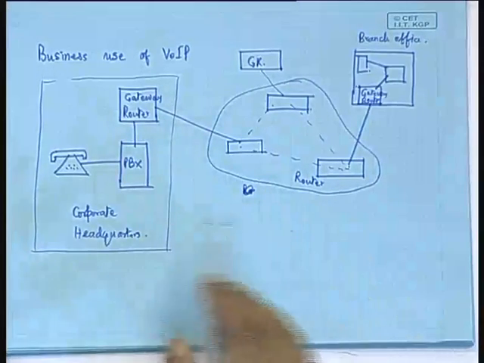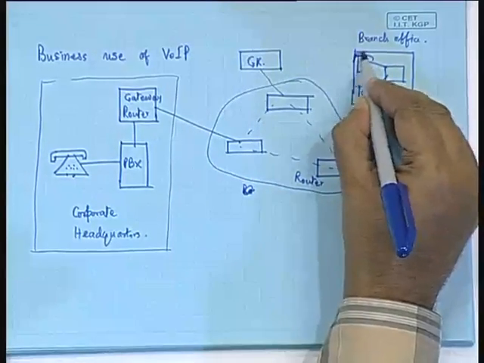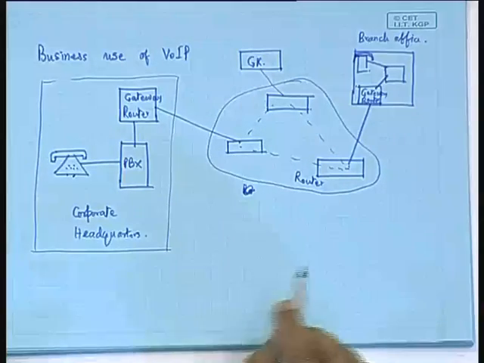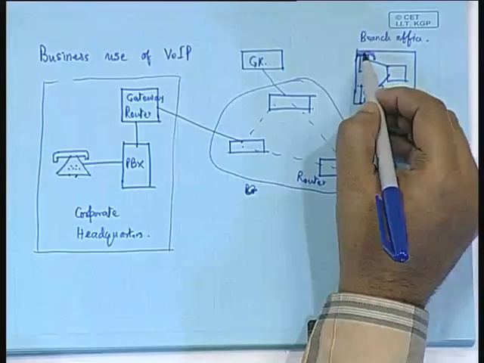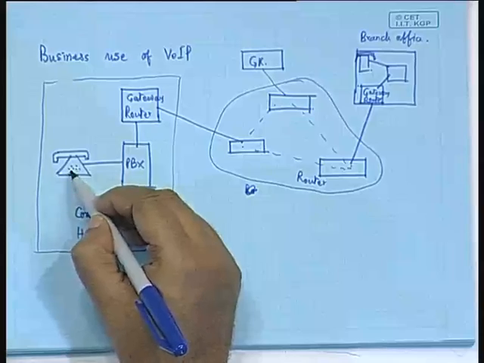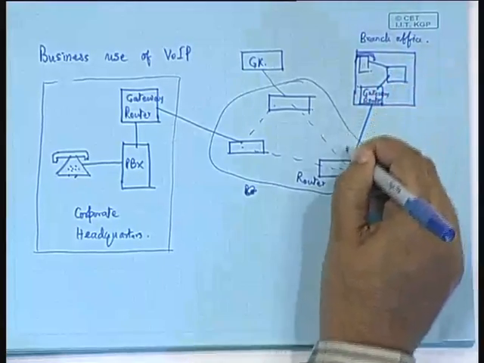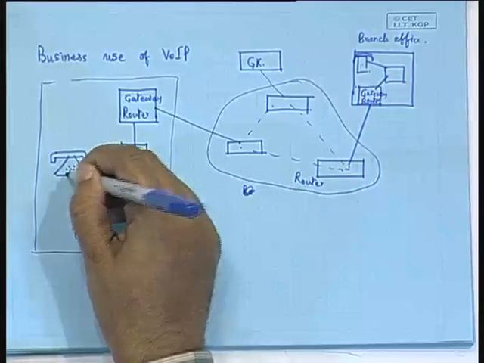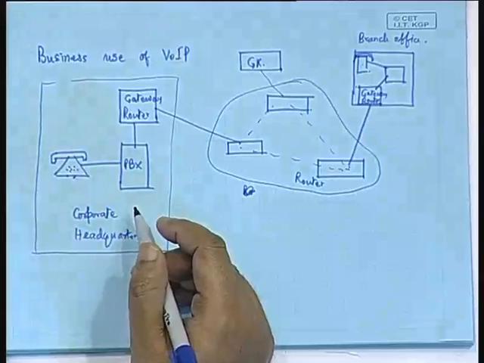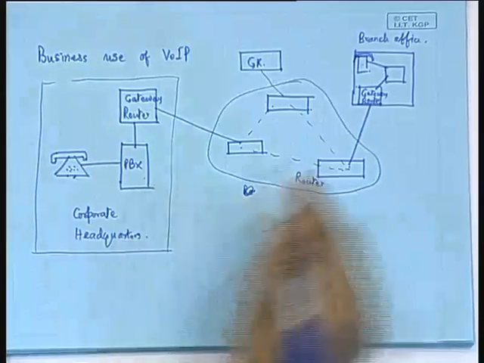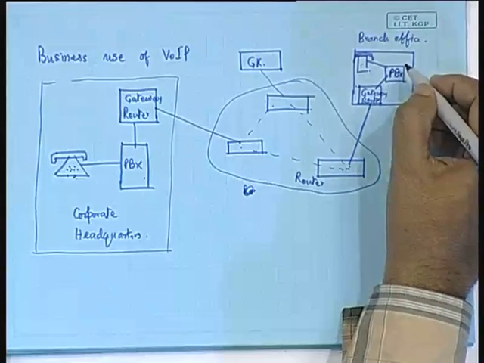Now, whenever we want to make a call from this telephone to this telephone, supposing there is another telephone over here, then either we go through this data network, and we send the voice packets from the source to the destination, and then from the destination we get back the voice data packets and play back over here. Now, when it is not possible to route, or when there is network congestion, then this PBX can communicate to this PBX through the PSTN.